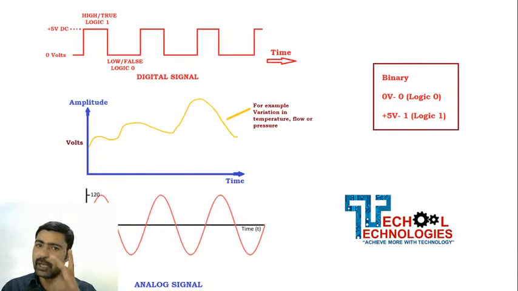Computers operate on two levels, 0 volts and 5 volts. In some cases it may be 3.5 volts also, but let's take one standard assumption that all computers use 0 and 5 volts.